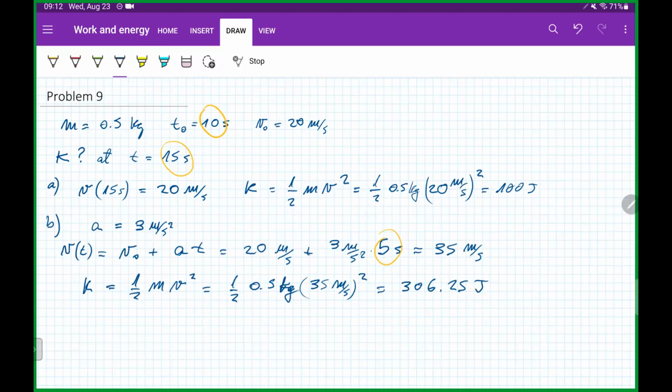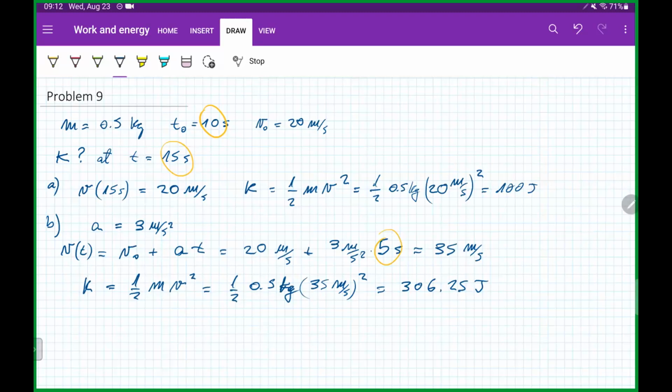All right, so there it is. We've just applied the kinetic energy definition here, and we've calculated the amount of kinetic energy for 2 cases: when the object is not accelerating at all, and when the object is accelerating.